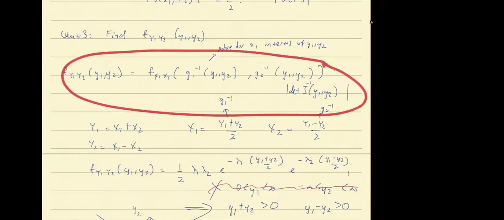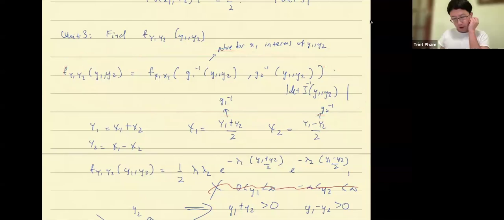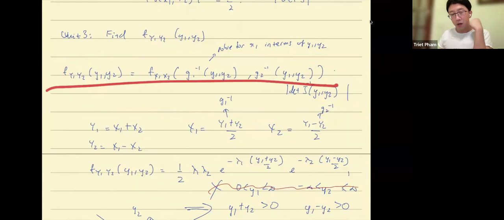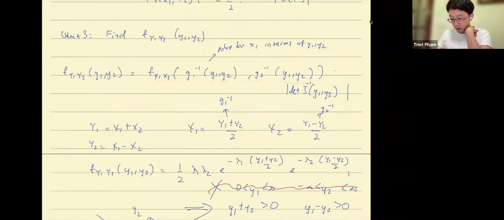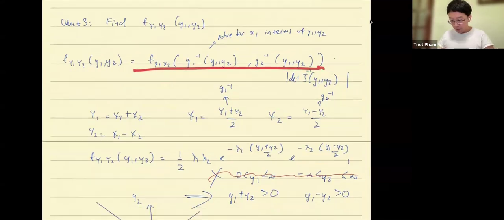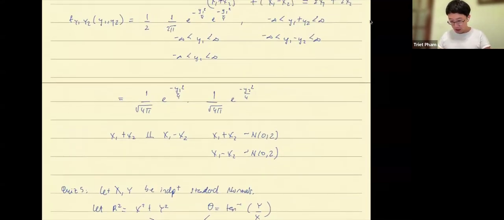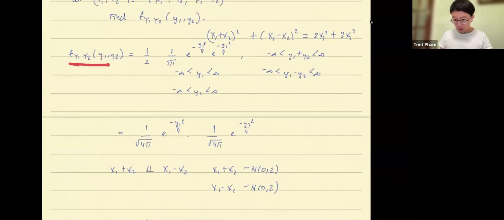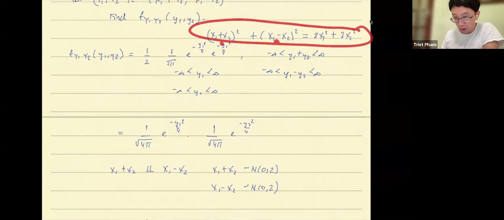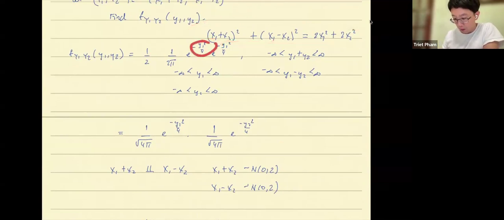Yeah. Okay, so first of all, this formula is always in the air. It's not really different from what we've been doing. The reason is as follows: when you plug in for y1, y2, you already solve for x1, x2 in terms of y1, y2, right?